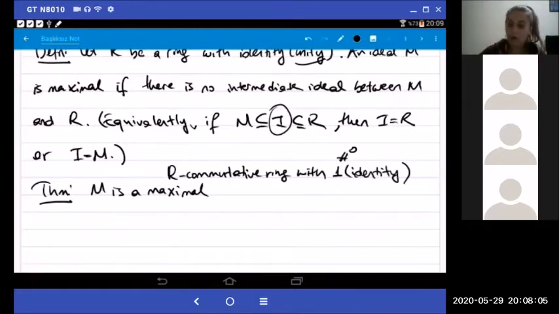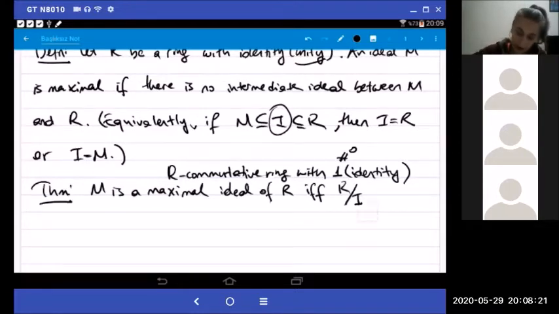And now if you have a commutative ring with 1, then you can say that M is a maximal ideal of R if and only if the quotient of your ring R with respect to M is a field. Okay?